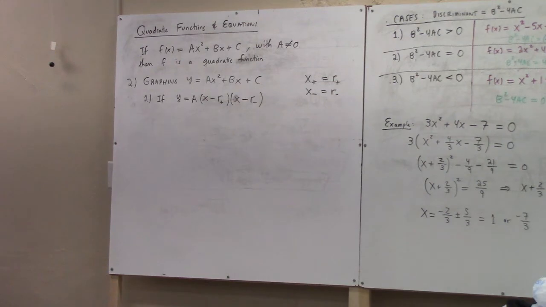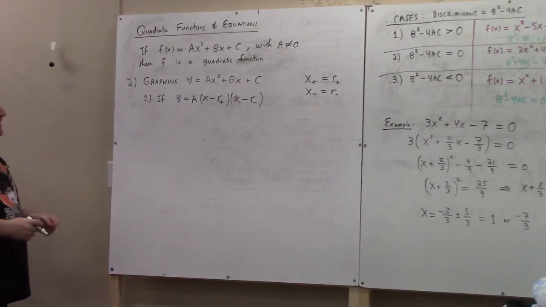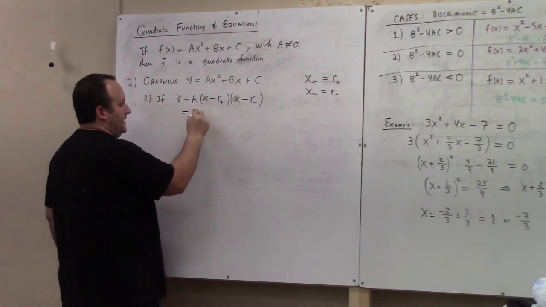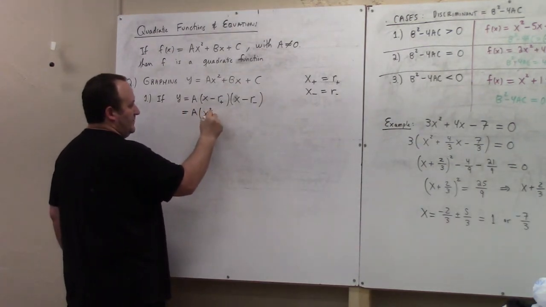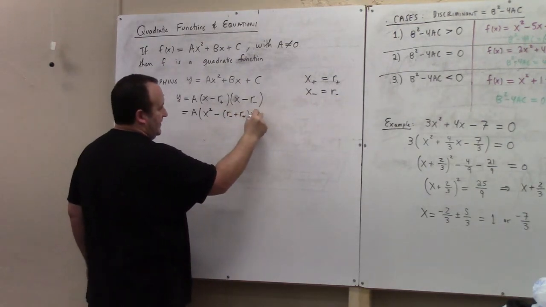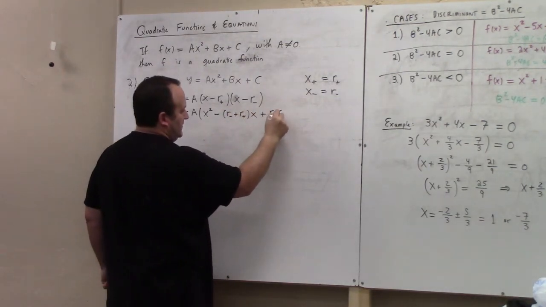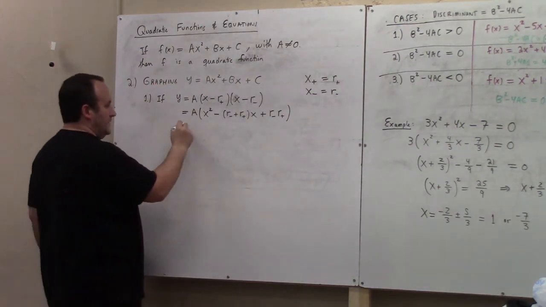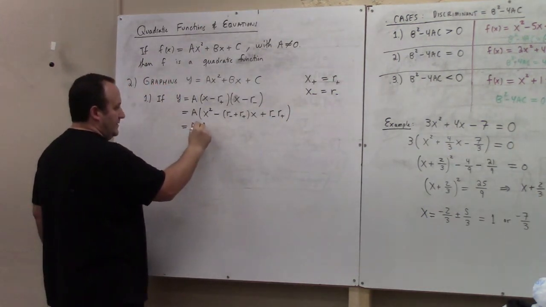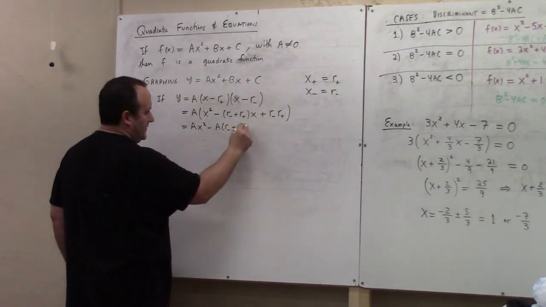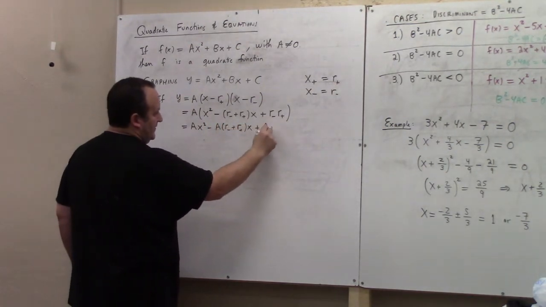They're specific given numbers. If this is the case, then if you multiply this out, what does it look like? A times x squared minus r minus plus r plus times x plus r minus r plus. In other words, ax squared minus a times r minus plus r plus, plus a times r minus r plus.